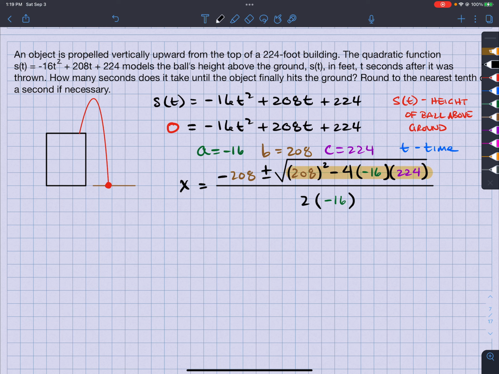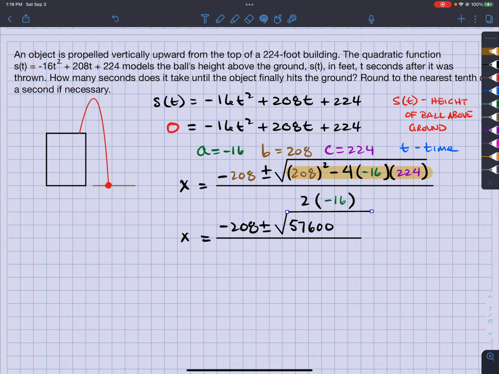All right, so I have x is equal to negative 208 plus or minus the square root of 57,600.